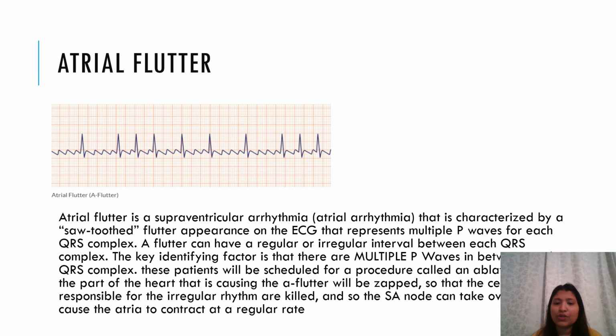These patients will be scheduled for a procedure called ablation. That means the part of the heart that is causing this flutter will be ablated so that the parts responsible for this irregular rhythm are killed, and the SA node can take over and start again with regular contraction, and there will be a regular heart rate.